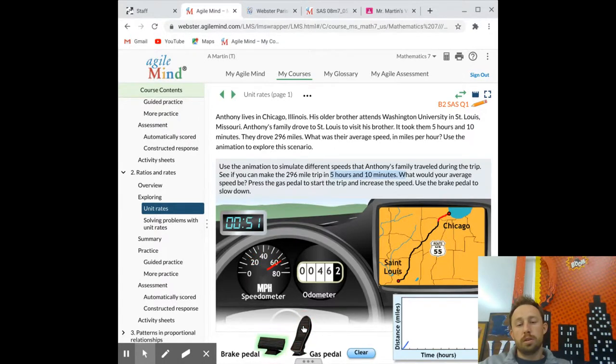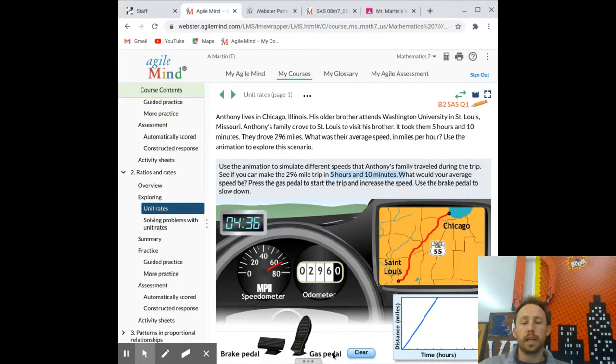All right, how fast do we want to go? Wouldn't it be around 60, between 60 and 70? All right, so let's go around 60, 70-ish. Let's see how long that takes. All right, so it took us 4 hours and 30 minutes that time. So are we still too fast? Yes.